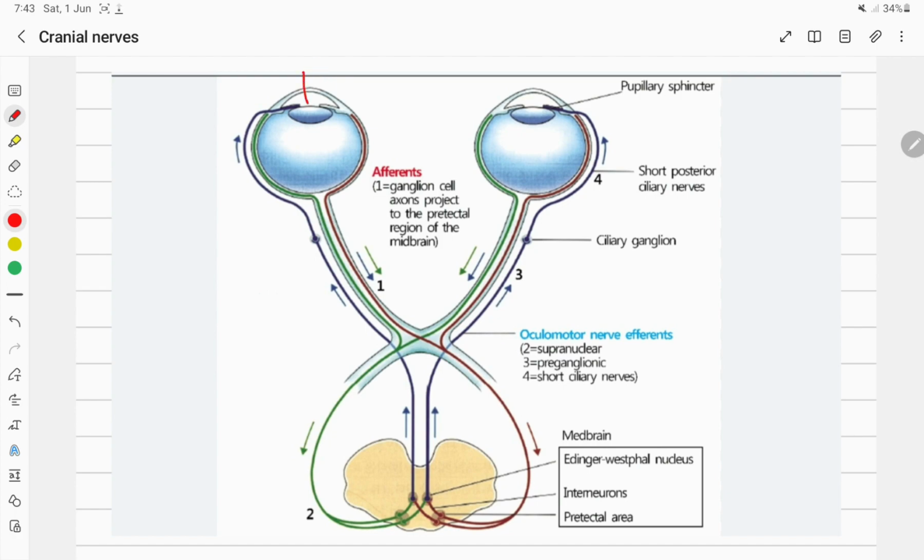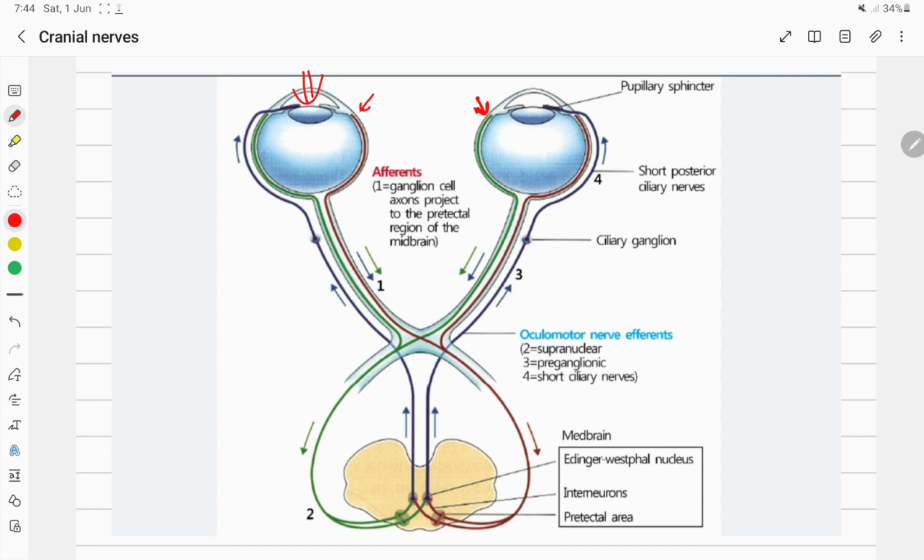So imagine the light source comes here. The constriction of this eye we call the direct light reflex, and the constriction of the pupil in this eye we call the consensual light reflex.